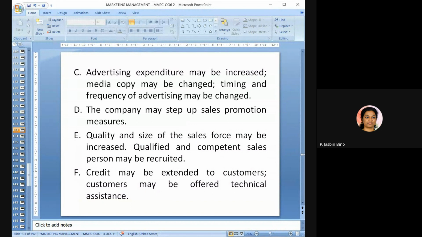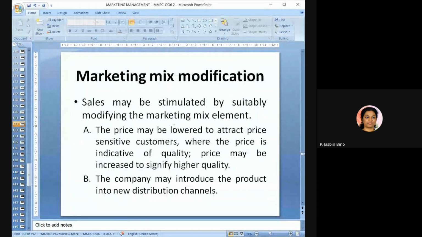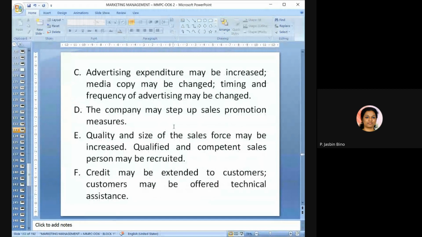Quality and size of the sales force may be increased, and qualified and competent salespersons may be recruited. Credit may be extended to customers, and customers may be offered technical assistance. This comes in the case of price. So the four P's of marketing mix can be modified. That is marketing mix modification.